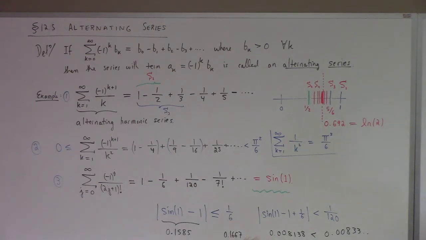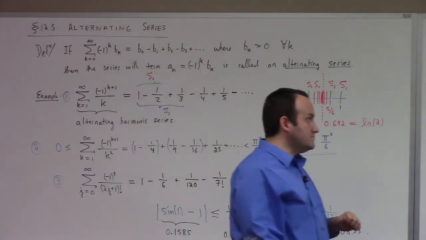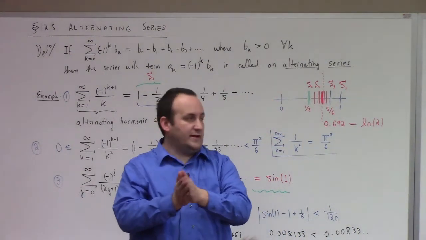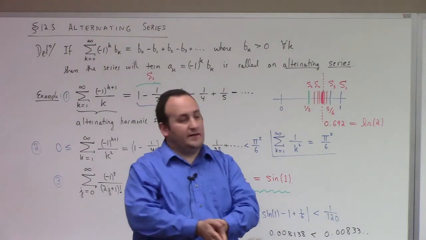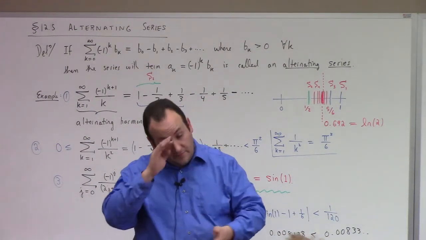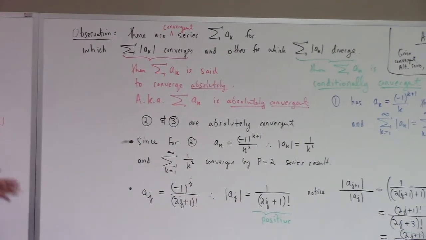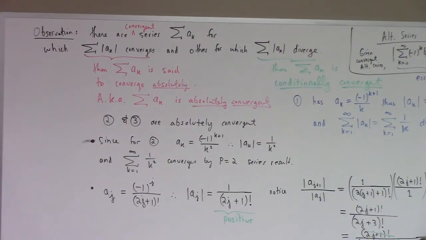Now here's the standard terminology. If you're given a convergent series, and if the absolute value of that series converges, then the given series, the sum a sub k, is said to converge absolutely. Or you could say it's an absolutely convergent series.